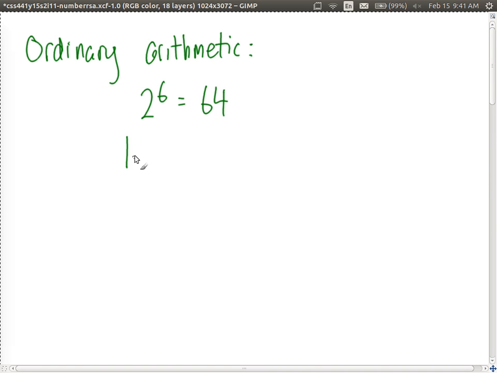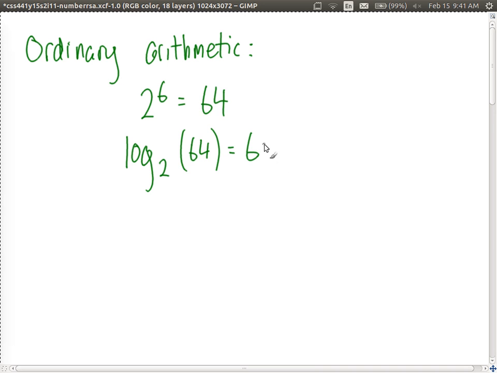So log in base 2 of 64 equals 6. We say logarithm is the inverse operation of exponentiation. The base is 2, the exponent is 6, the answer is 64. If we take that answer 64, and we know the base is 2, then the exponent is 6.